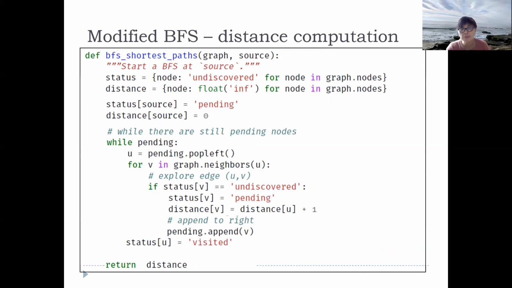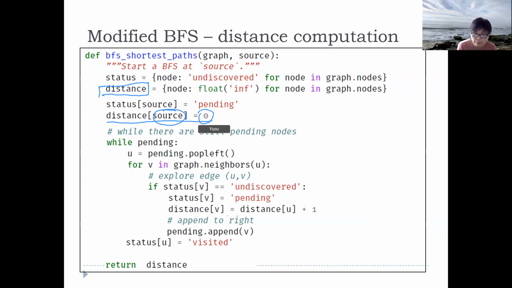In particular, now I'm going to use a new dictionary, distance, to store the discovered distance to the source, okay? At the beginning, all the distances to the source are infinity, let's say, because we haven't found them yet, okay? The only distance that we know at the beginning is the source node, okay? The distance to itself is 0, okay?